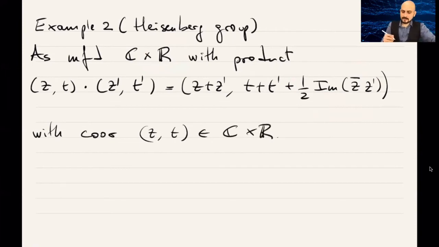Now this is one way one can easily remember the group structure, but let's see what happens if we take the coordinates x, y, and t.